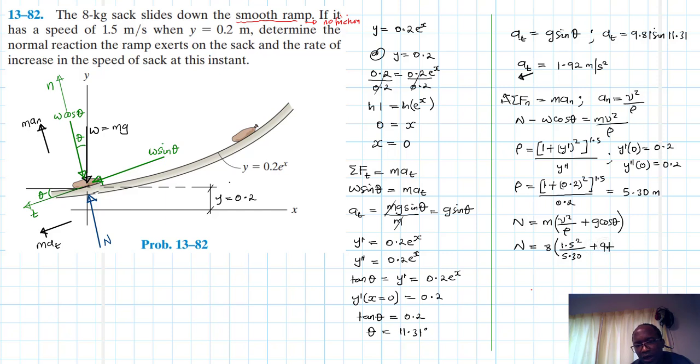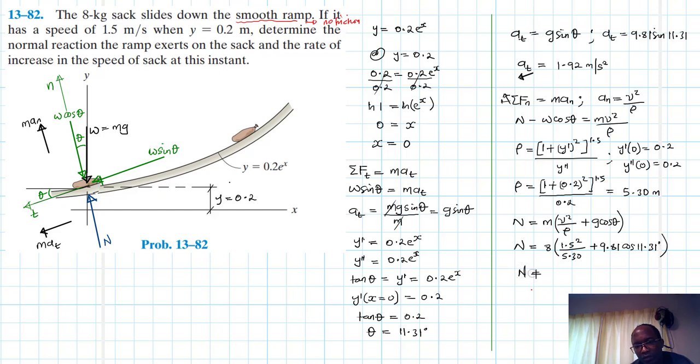Our g is 9.81 cos theta, which is 11.31 degrees.